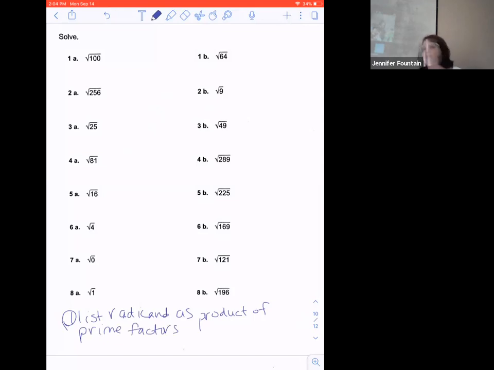And when I say product of, that means I'm just showing that they're being multiplied together. Okay, so we're going to list the prime factors as they're multiplied together to equal the radicand.